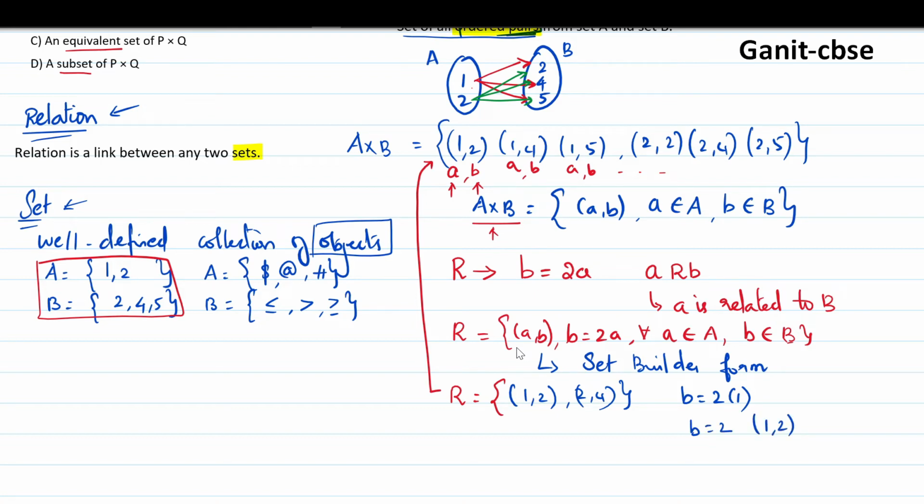If I substitute a as 2, 2 times 2 is 4, so the ordered pair is (2, 4). Only these two ordered pairs satisfy the given relation. So I have two ordered pairs, and this form is nothing but the roster form.